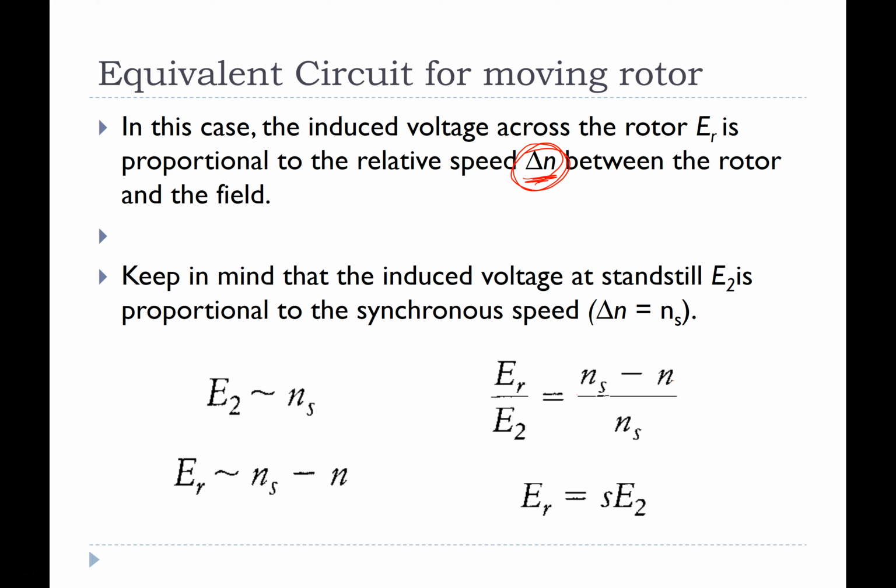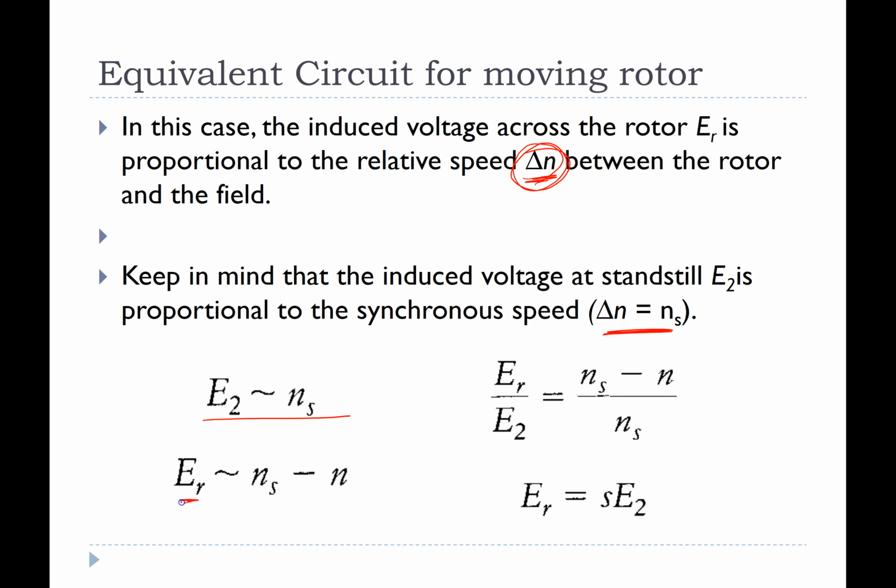Remember, the EMF is proportional to delta N. For the case where it is locked, delta N is equal to Ns, because the secondary winding does not move in a transformer. So we have E2 proportional to Ns.